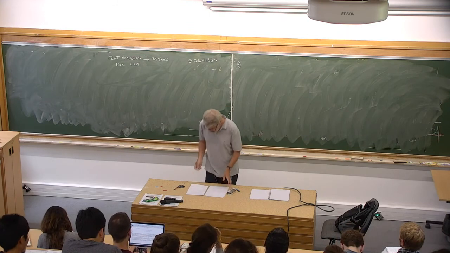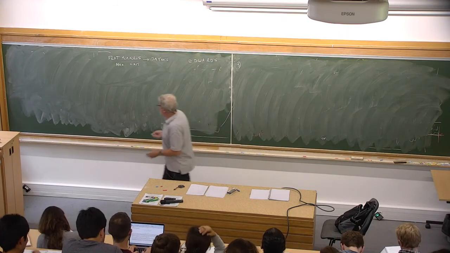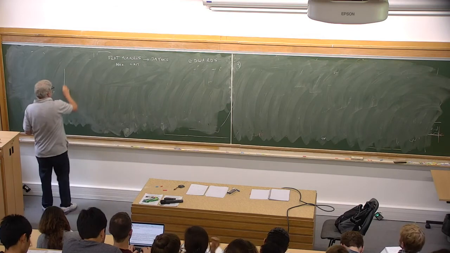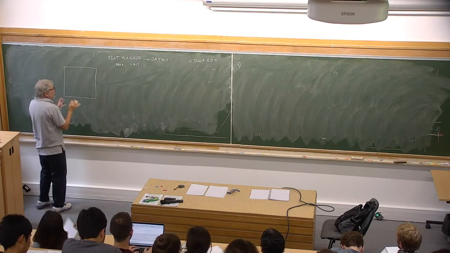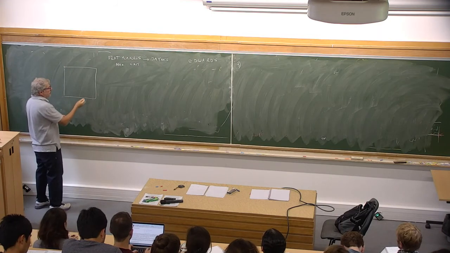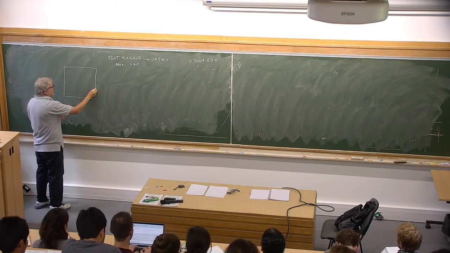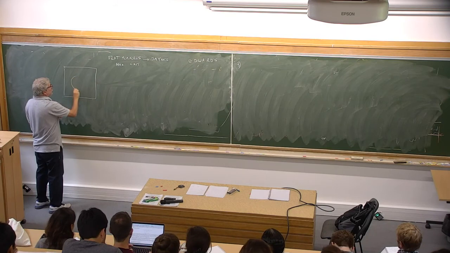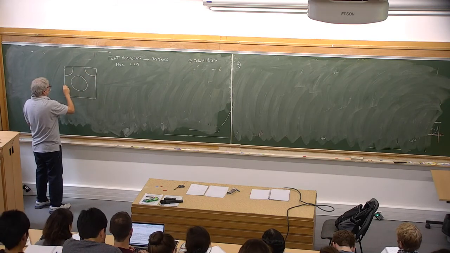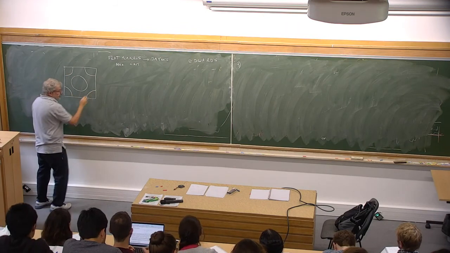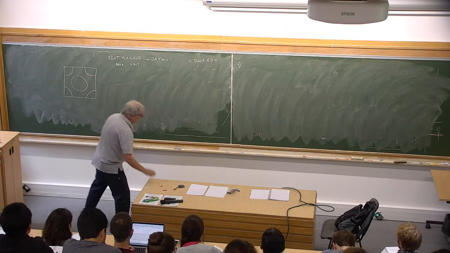Okay, so now, just to give you an example, one of the few problems where equilibrium was proven for a deterministic system is the so-called Sinai billiard. So you have a billiard like this with hard walls.